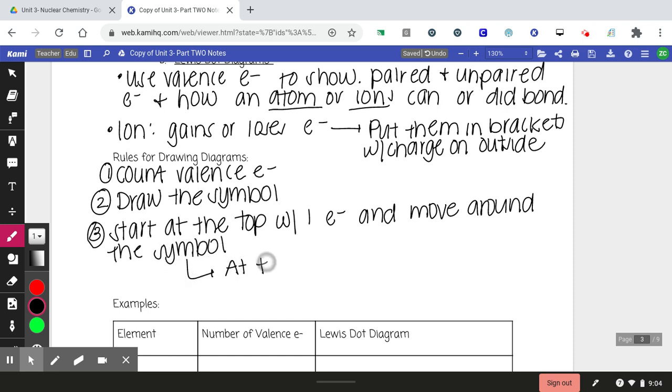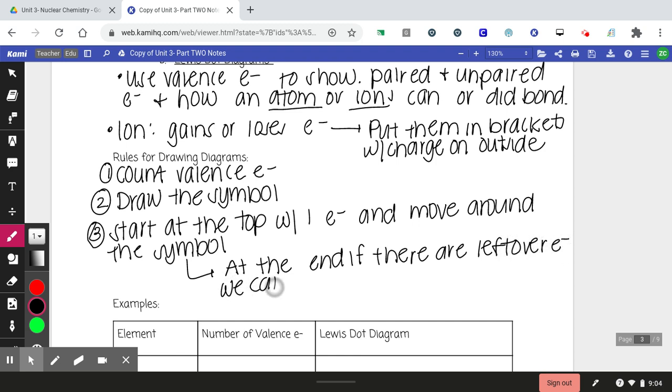At the end, if there are leftover electrons, we can start to pair them up.